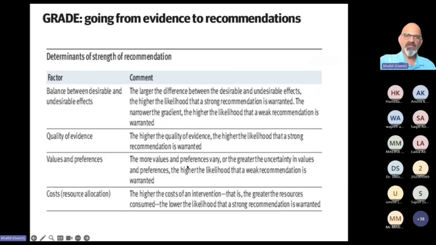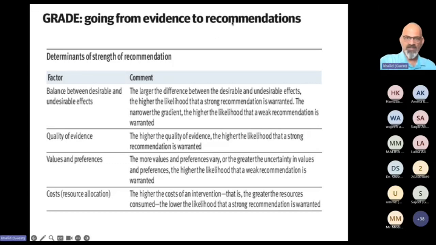So grading is the system of assessment of the evidence that allows us to judge whether the recommendations we are making to patients, or we potentially can make to patients, are persuasive.